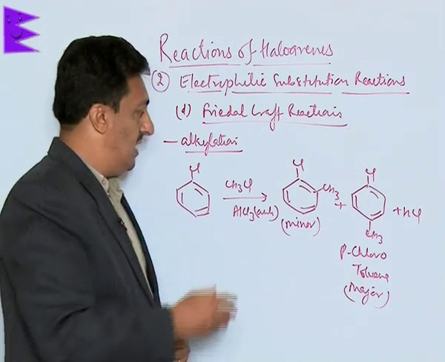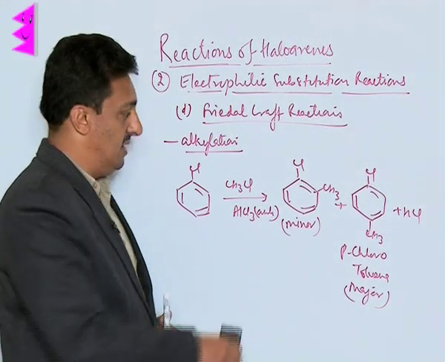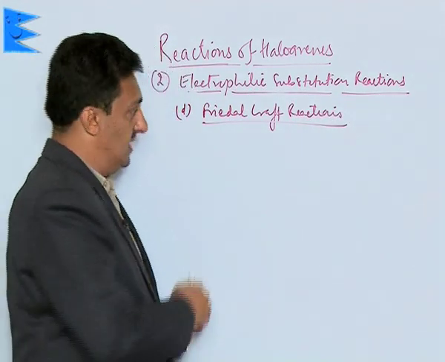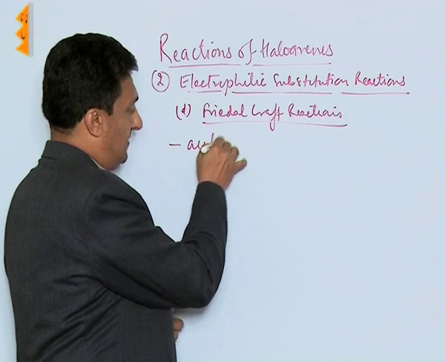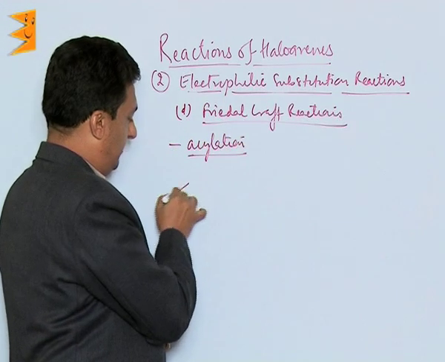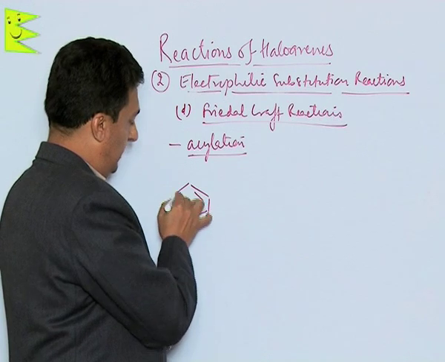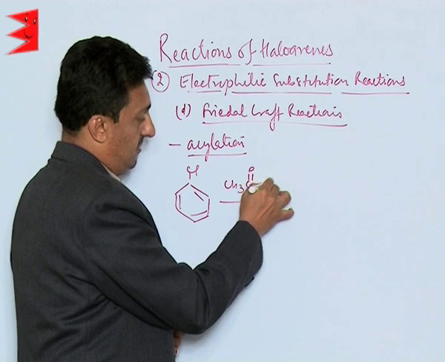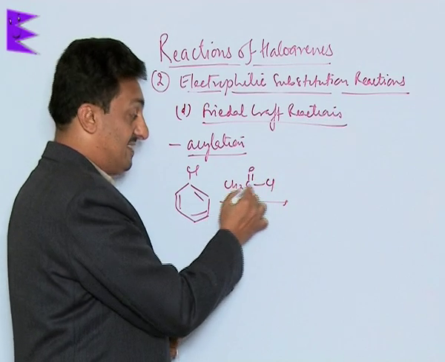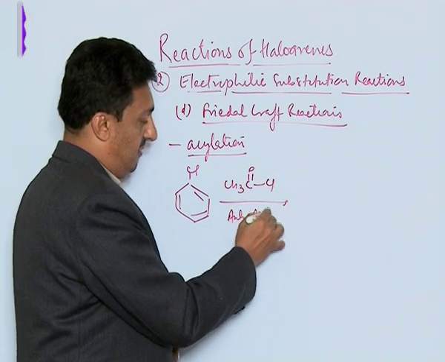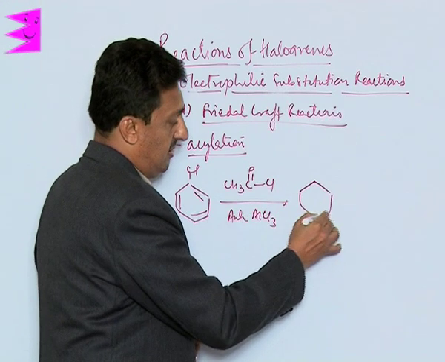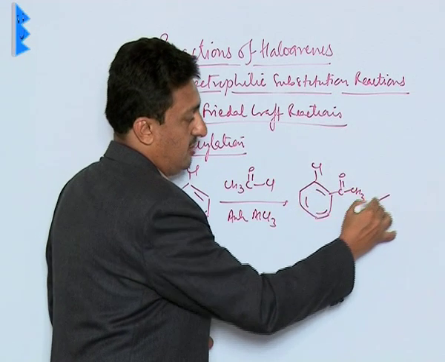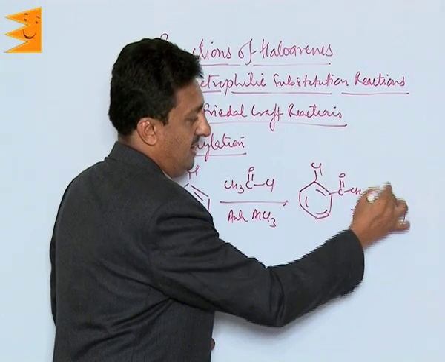And let us see the second Friedel-Crafts reaction, which is called acylation. In acylation, let us take a specific example. We are doing acetylation. We are introducing the acetyl group. So we react this with acetyl chloride in presence of anhydrous aluminium chloride. So what we get is a ketonic group at ortho as well as at para positions.